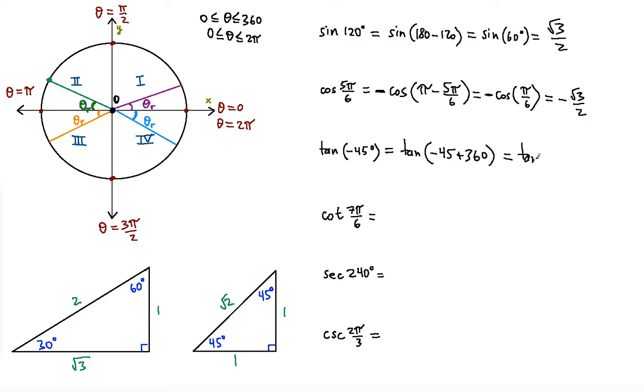We get tangent of 315 degrees, okay? Now tangent of 315 degrees, let's see where this angle measure is going to lie. This angle measure will be in quadrant 4, right? Because we know this is 3 pi over 2, corresponding to 270 degrees. So we definitely know that the terminal side of this 315 degrees will be applicable to the blue one.